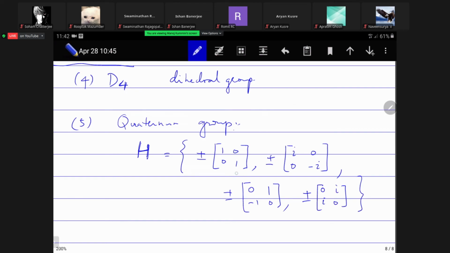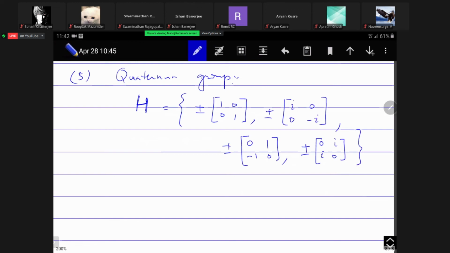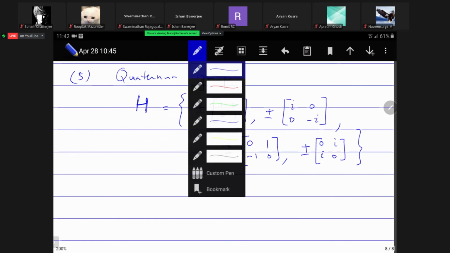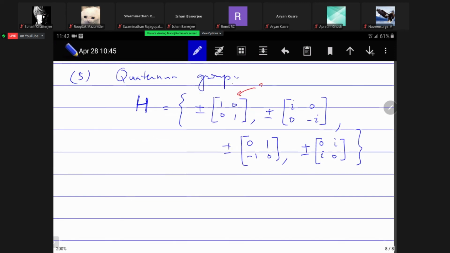Okay, so the point is that every group element here. Let me just label these things. Call this, of course, 1. I'll call this i, this matrix j, and this element I'll call k.